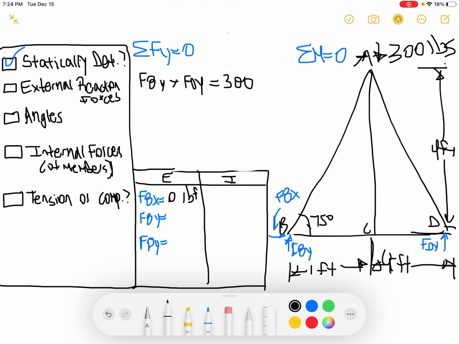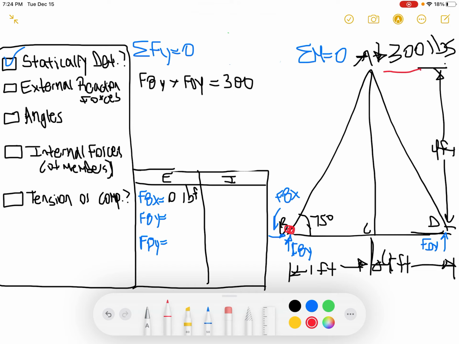So what can we do for the moment forces? Well, what we need to do is think about the way that the triangle truss would rotate, because remember, that's what a moment means. If it was rotating around joint B, which is what we're thinking of right now, it would go clockwise.